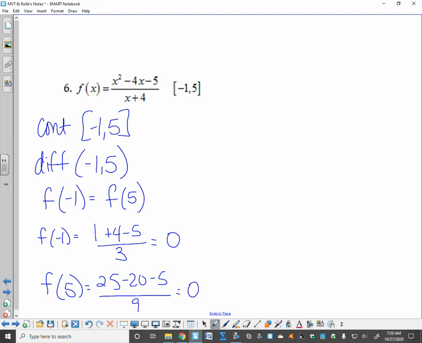That's a 0. Now, just make sure you guys understand, these values don't have to be 0. They just have to be the same. Because then when I do my slope, my y minus y, I'm going to get a 0 on the top, which makes the slope 0. But anyway, those two are good, and I just proved that. They are the same. I was just saying that they don't have to both be 0.